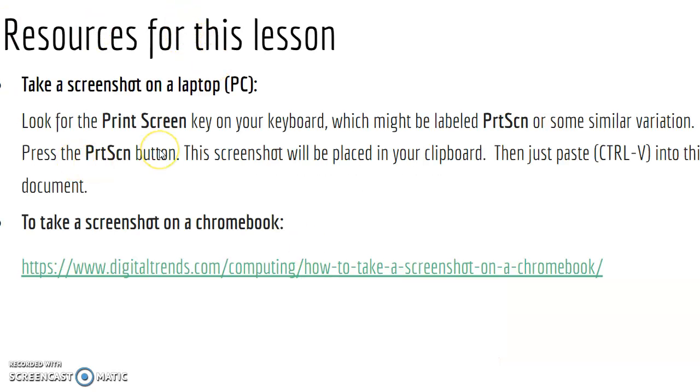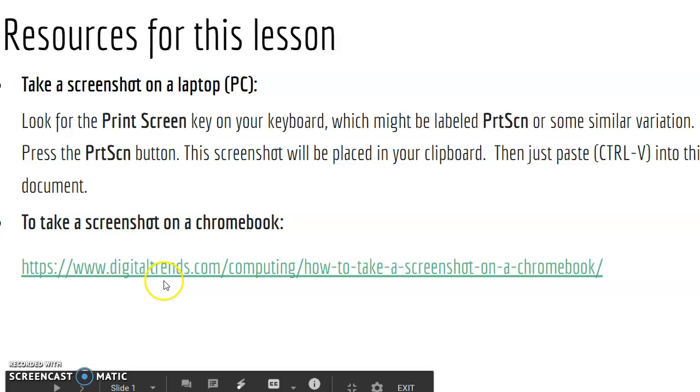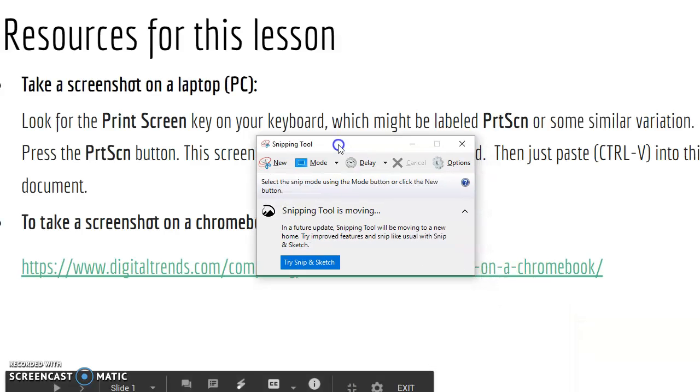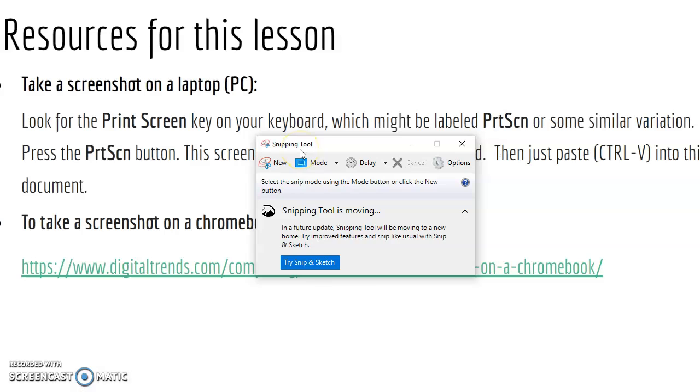So the first thing I did was talk about how to screenshot, and being able to screenshot or copy paste is really going to be useful for you as we do this digital learning. If neither of these worked or they were annoying and you're on a PC, finding this snipping tool right here. And if you're on a PC or I think a Chromebook, you can just search for it on your computer.